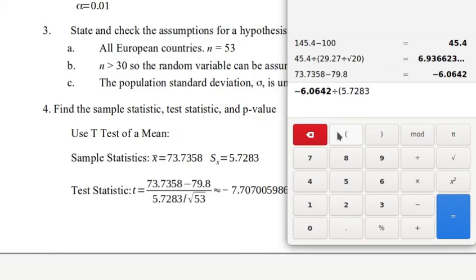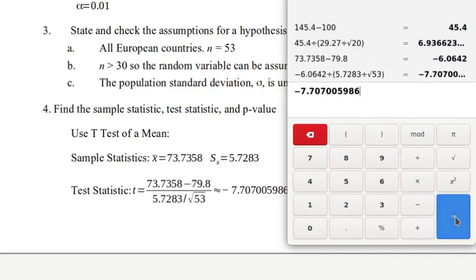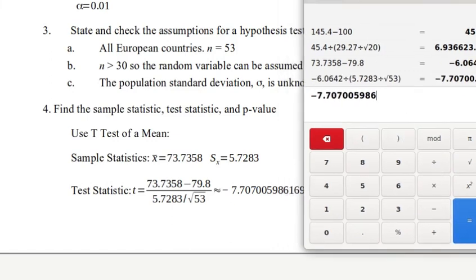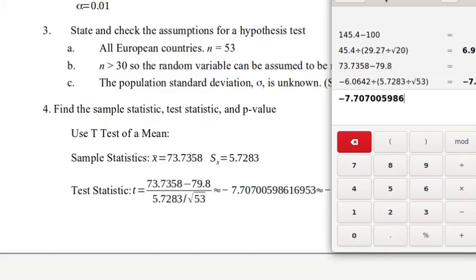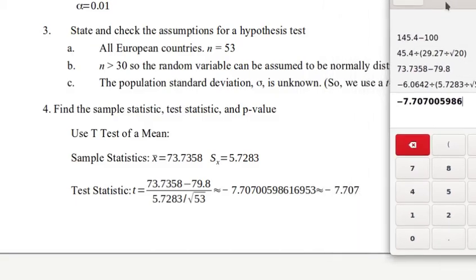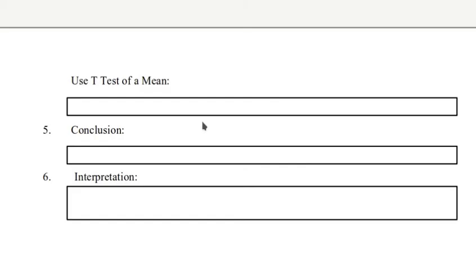Just checking that that's correct, 5.7283. Then we're dividing that by the square root of 53. We then close the parentheses and press equals. And there's our test statistic, our t-value, negative 7.707 approximately.